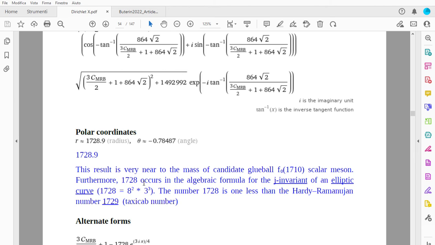Furthermore, 1728 occurs in the algebraic formula for the j invariant of an elliptic curve.